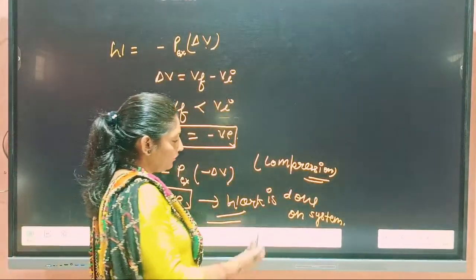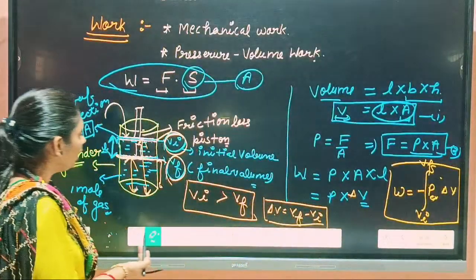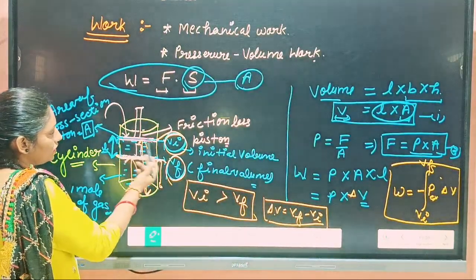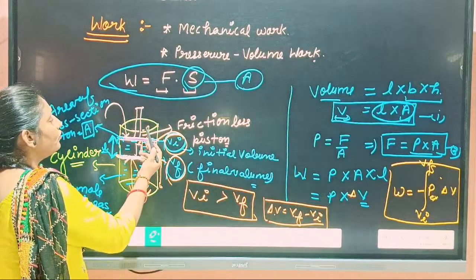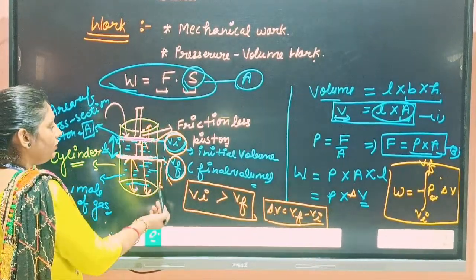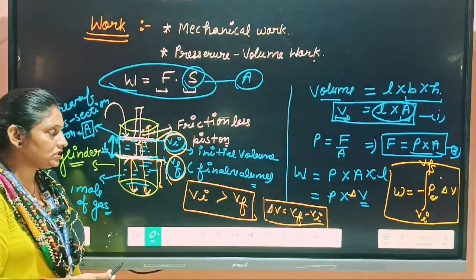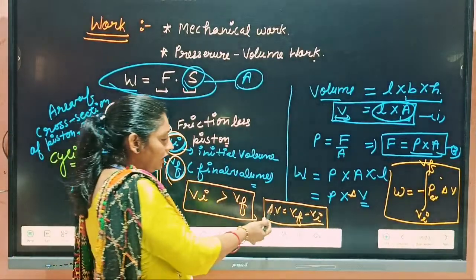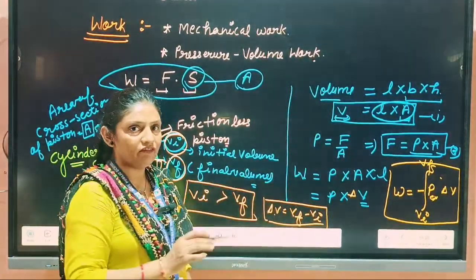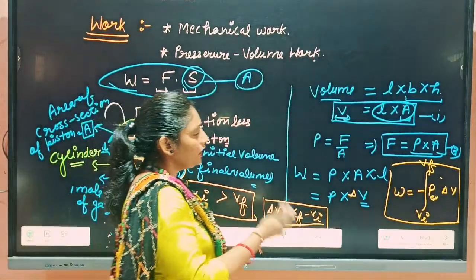And if work is done by the system, what will happen? The piston moves upward, and the final volume increases. If volume increases, then del V, the change in volume, will be positive, and the total work done will be negative.